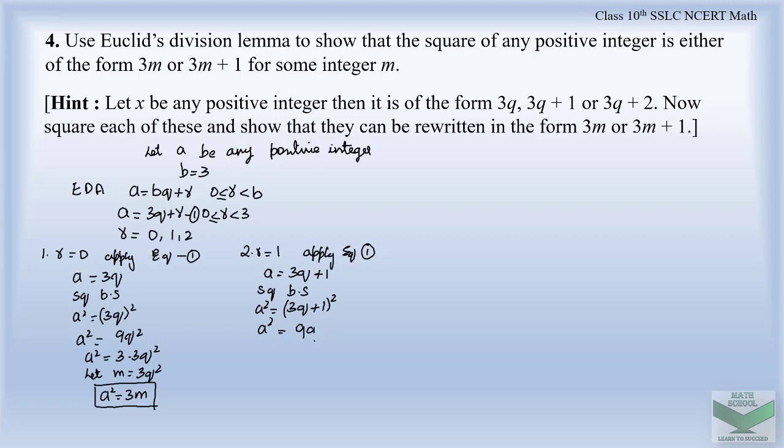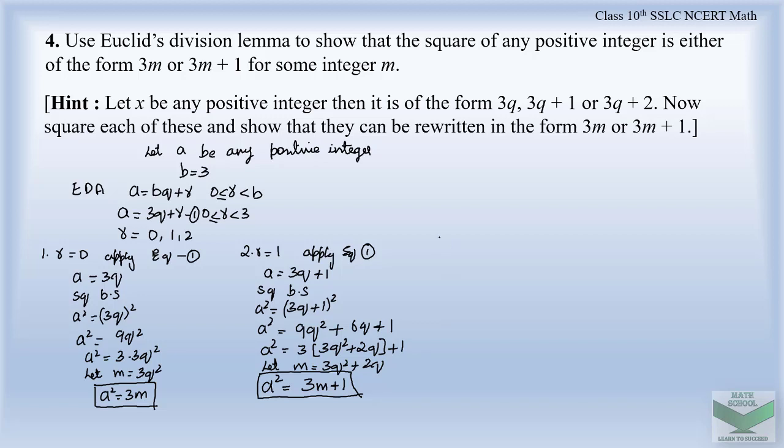So a square is 9q square plus 2 into 3q into 1, so it is 6q plus 1. Now taking common in these two terms, if we take 3 common, we will get 3q square plus 2q plus 1. So let us assume m is equal to 3q square plus 2q. Therefore, we will get a square is equal to 3m plus 1. So we got the second result.